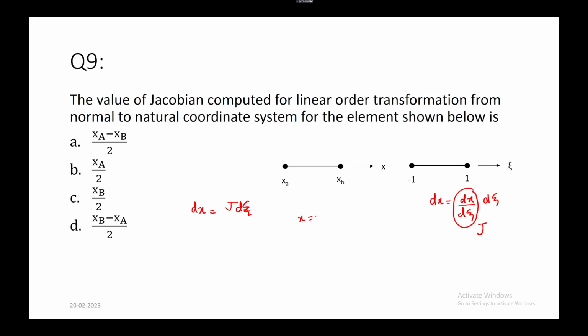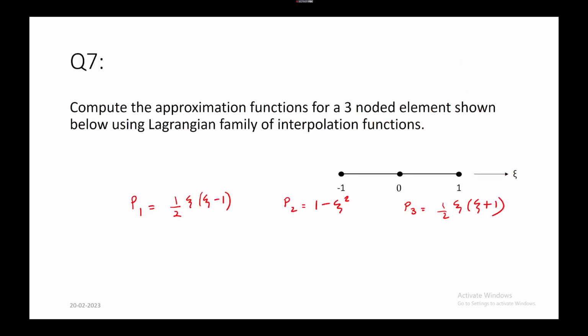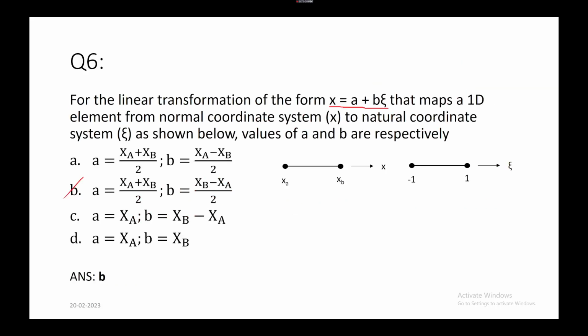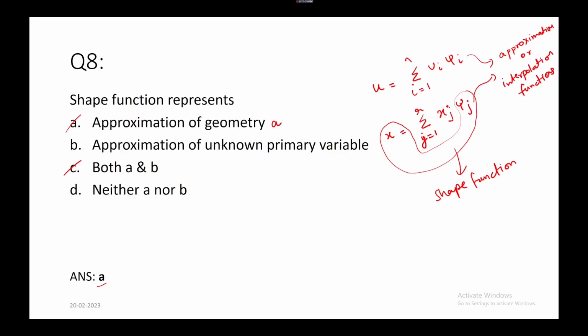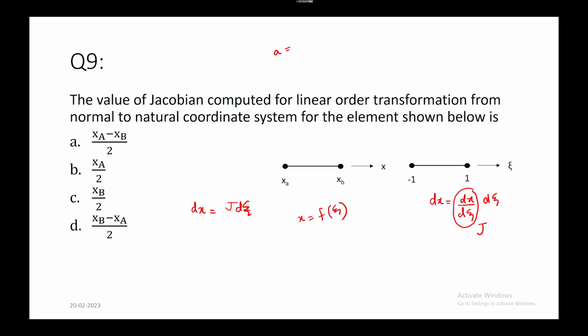You need to find x as a function of eta. How do we find that? If you already saw the last few questions, we would have already found x as a function of eta. We found that x is equal to a plus b times eta for a linear transformation, and the values of a and b are given. So I am going to directly take this. Let us first write x is equal to a plus b times eta.